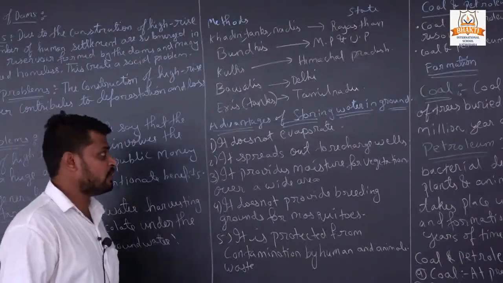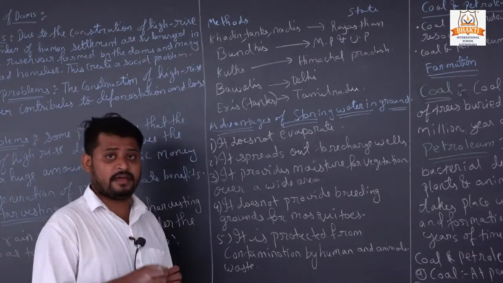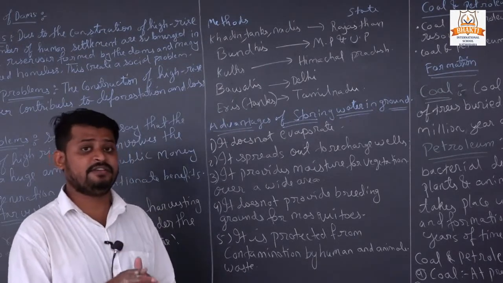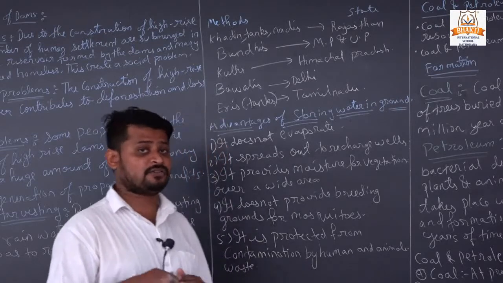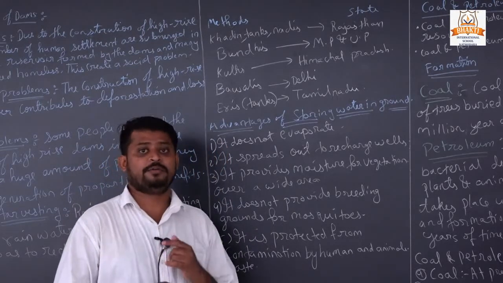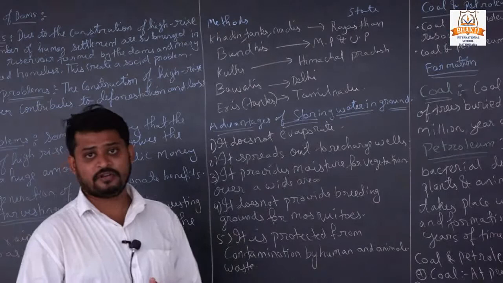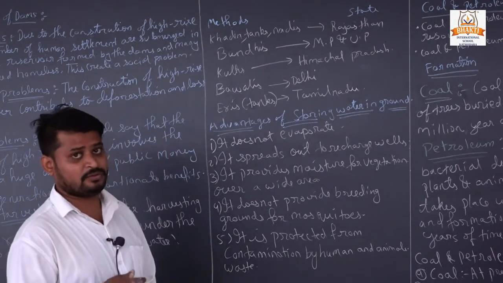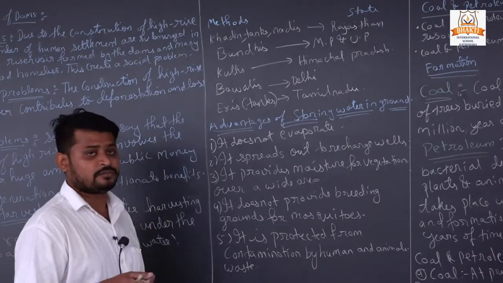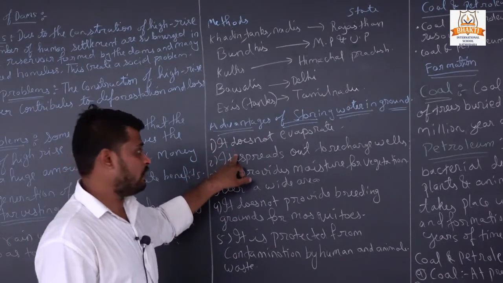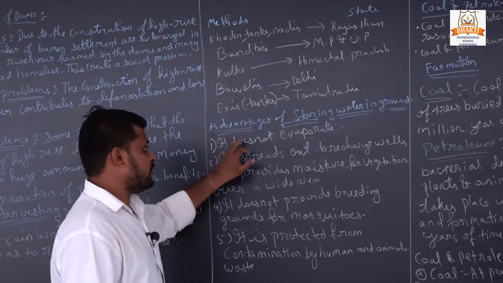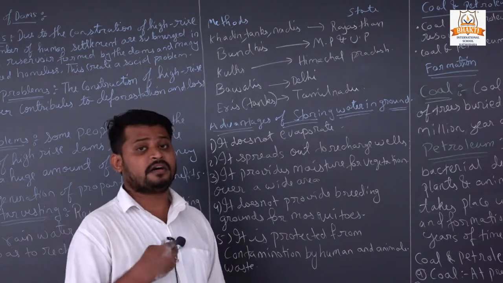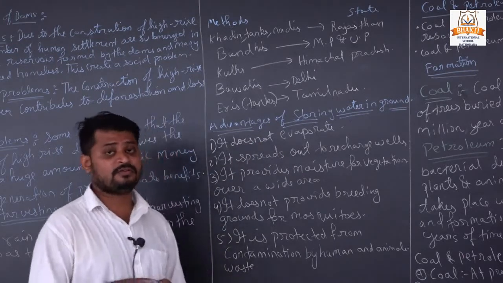Advantages of storing water in ground. It is a more effective method and very useful for mankind, so we have to store water in ground, because surface water evaporates and we are not able to use all the water. This is our first point also. It does not evaporate, meaning groundwater does not evaporate, so we can use the whole water.